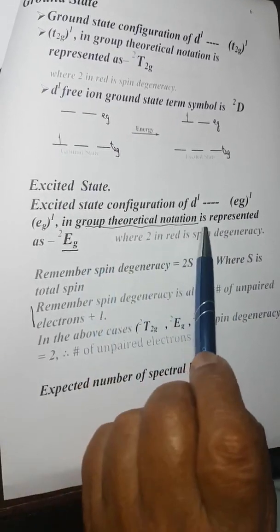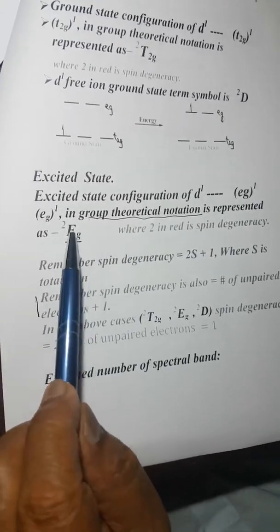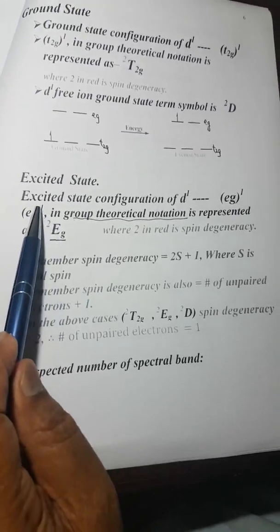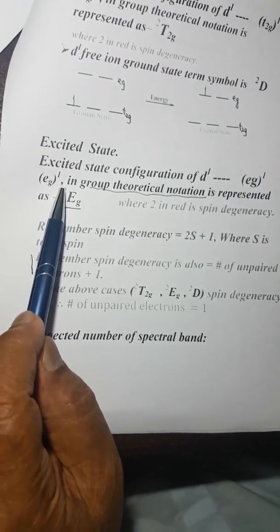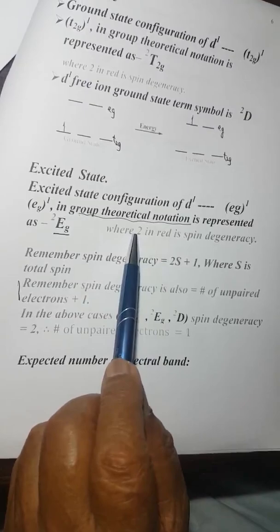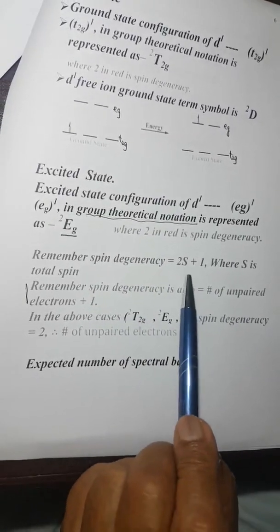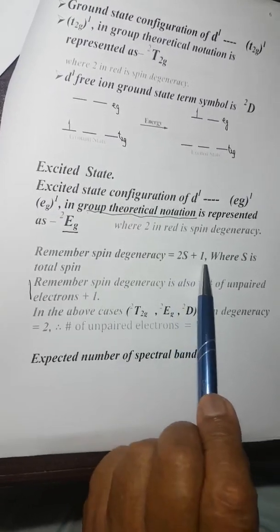In group theoretical notation, it is represented Eg, and there, of course, we put the spin degeneracy. There is one electron, so spin degeneracy is equal to 2. Here I have explained where this 2 spin degeneracy is coming from. Remember, spin degeneracy is 2S plus 1.